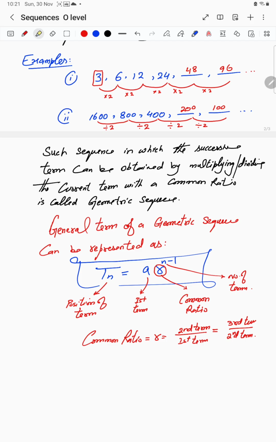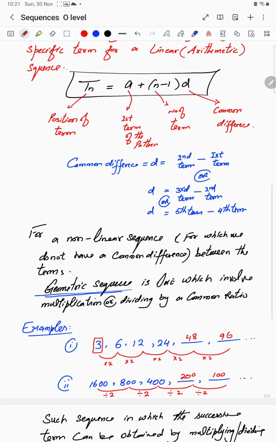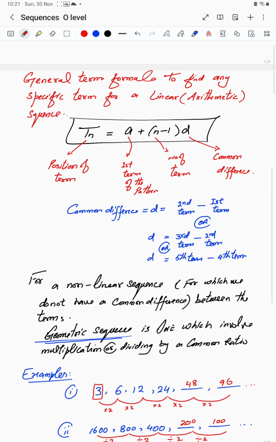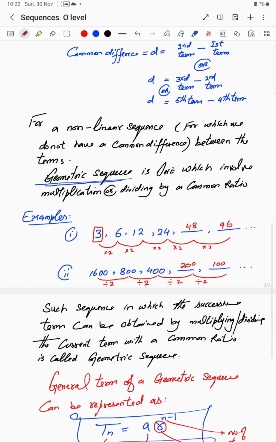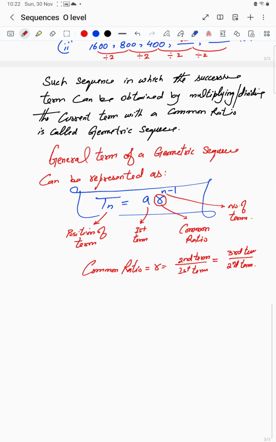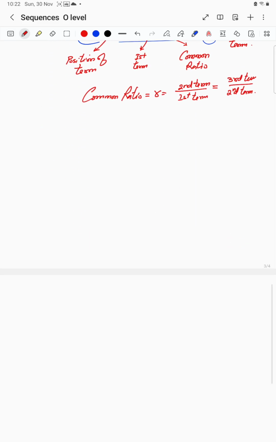So here we have these rules to justify the nth term, as we did in the arithmetic progression. So this is the difference in geometric progression: a constant number is going to multiply or divide, while in the arithmetic progression it's only addition and subtraction of the common difference.